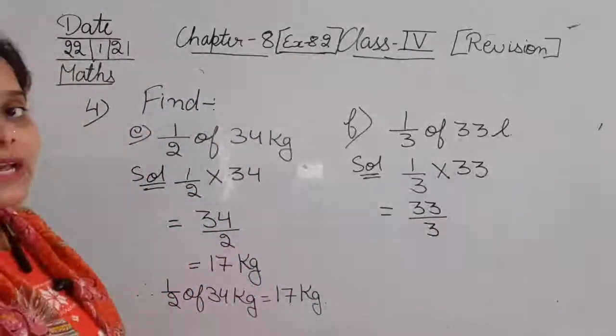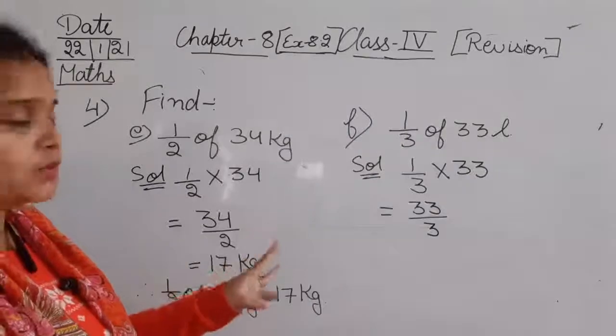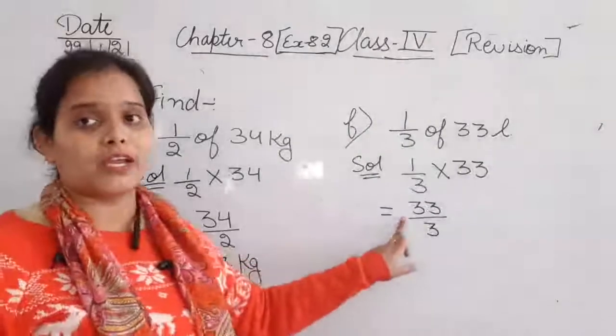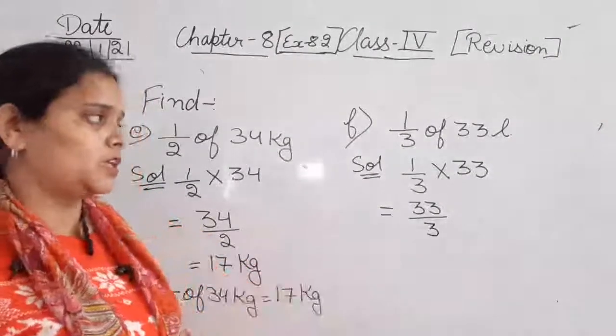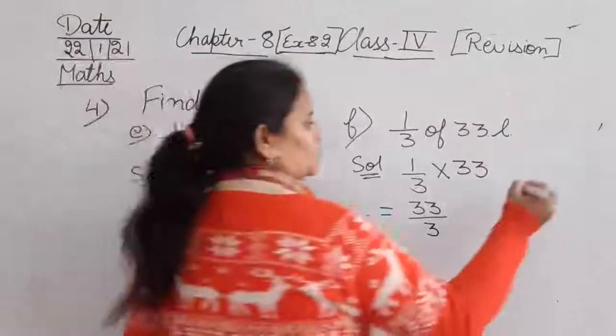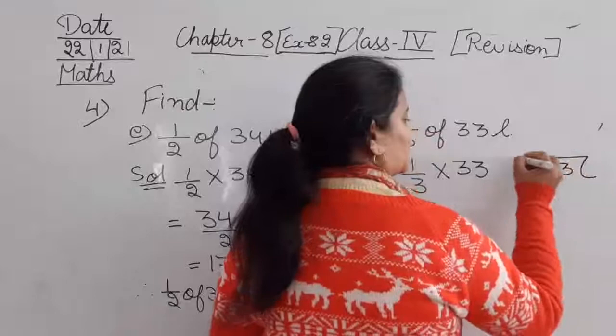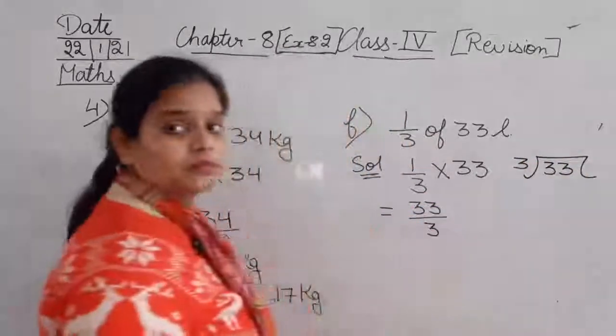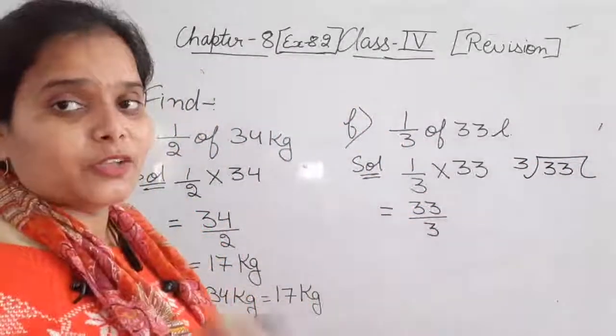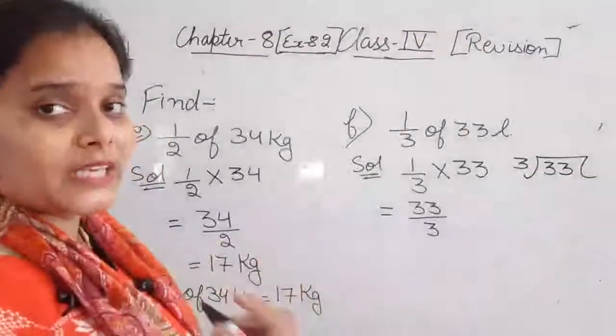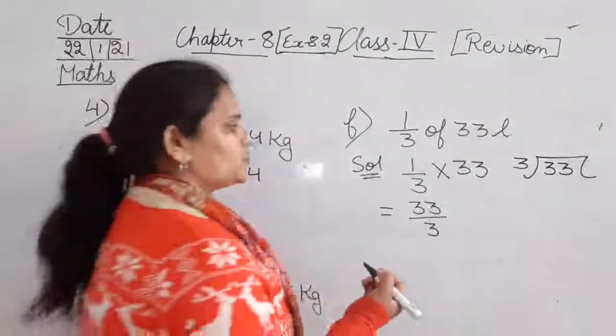So now you have to divide 33 with 3. Okay, because we divide numerator with denominator. So let's divide 33 with 3. Okay, देखिए वैसे आप 11 का टेबल करेंगे तो भी आपको, लेकिन बट लेट्स डू, जिनको नहीं समझ में आया they can do the division properly.